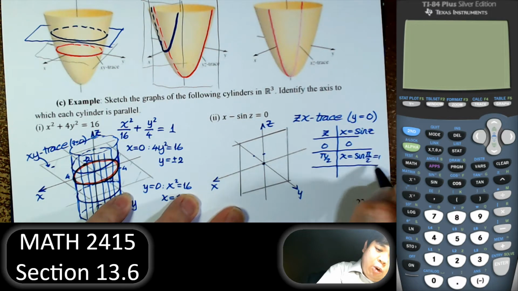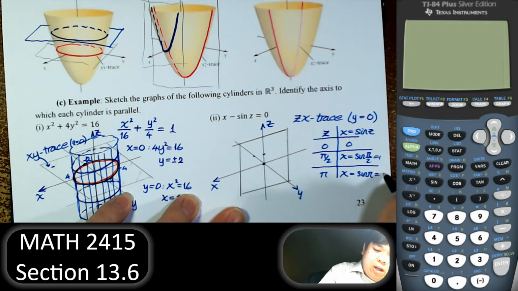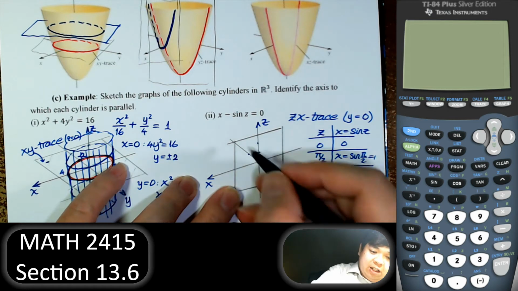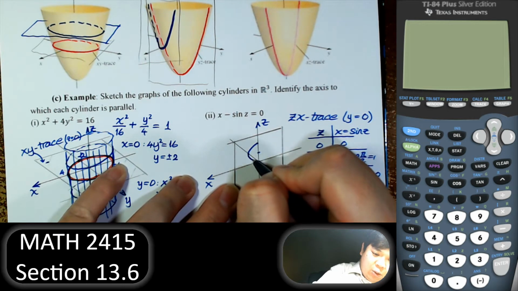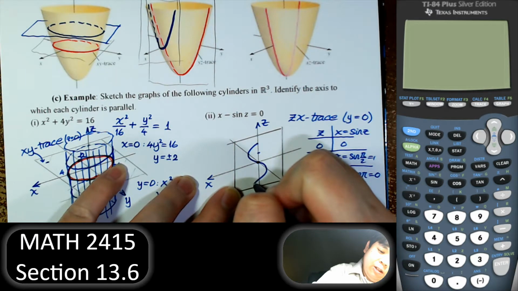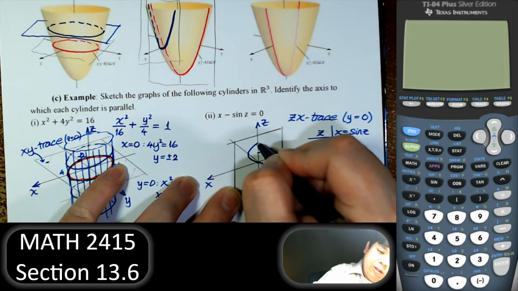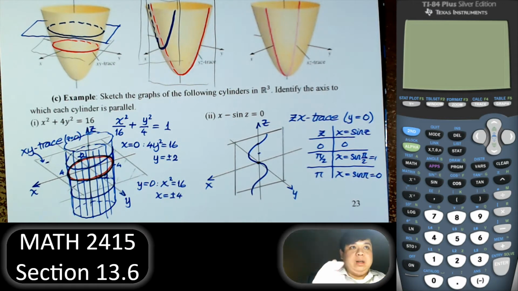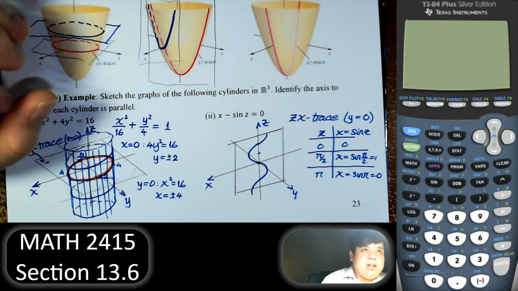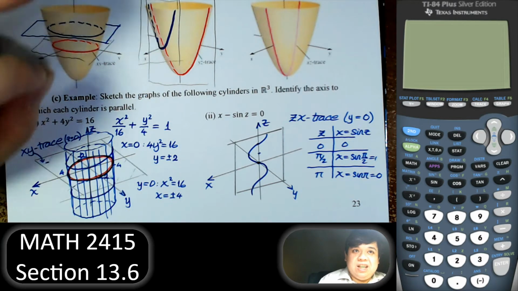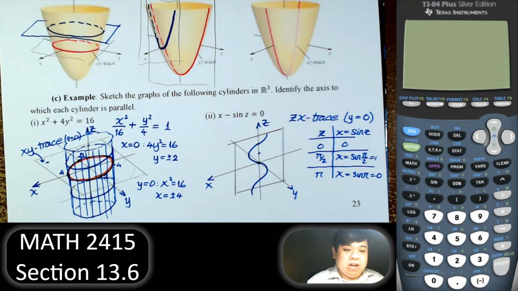And then when we have pi, sine of pi is back to 0. So it's going to be a sine wave. It's going to be like that, on the xz plane, on the zx trace.